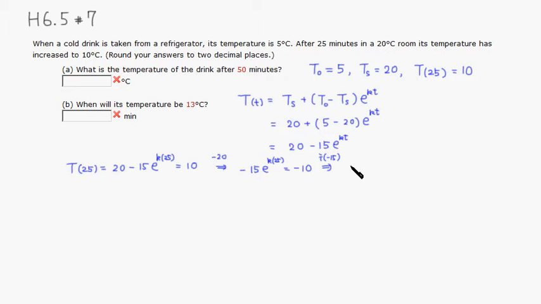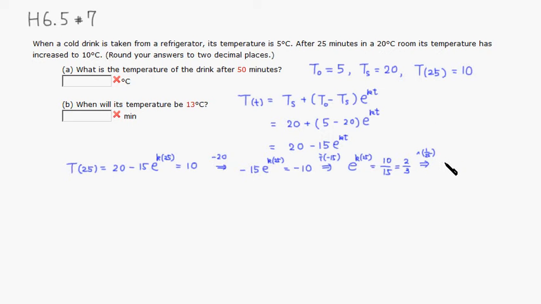We get e to the k times 25 is equal to, the negative signs cancel out, 10 over 15, which is 2/3.